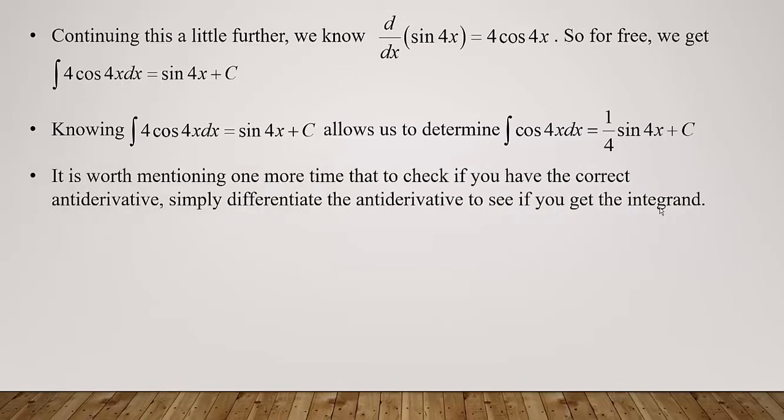So it's worth mentioning one more time: you can check to see if you have the correct antiderivative. You can simply differentiate what you think the antiderivative is to see if you get the integrand. You've heard me mention this a lot now. I'm a firm believer that you can check your work: do the derivative.